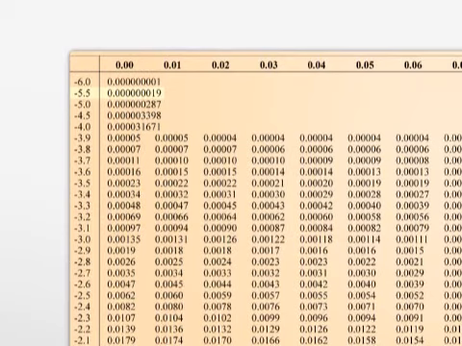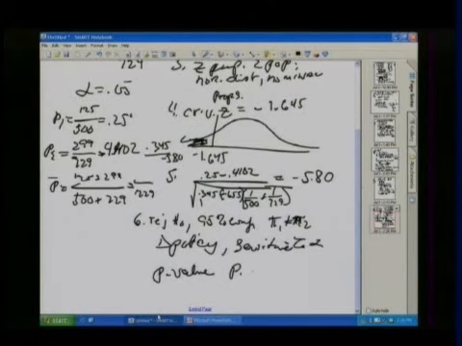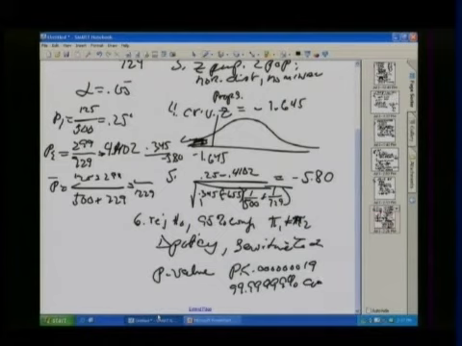So I'll write it down. P point 1, 2, 3, 4, 5, 6, 7, 19. And it's actually going to be less than that value because remember that only corresponded to 5.5. So my confidence level is 1 minus that, 99.99999% confident, approximately.